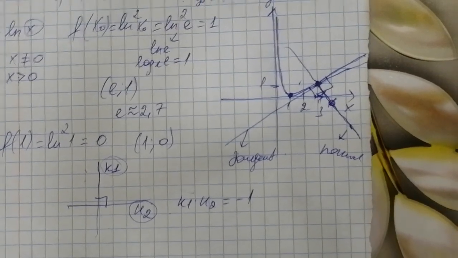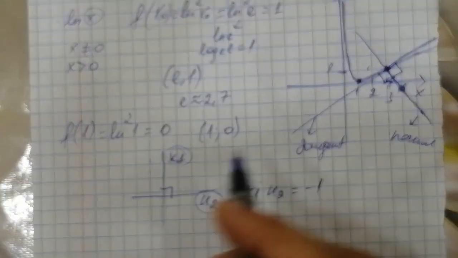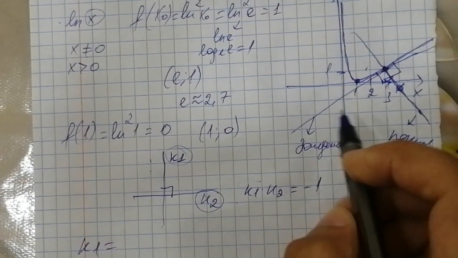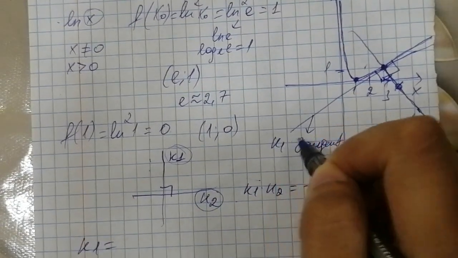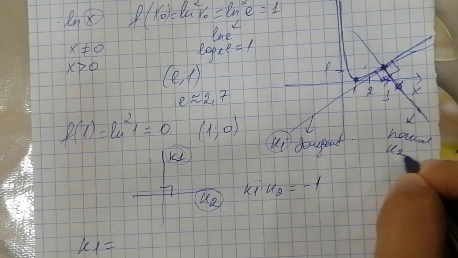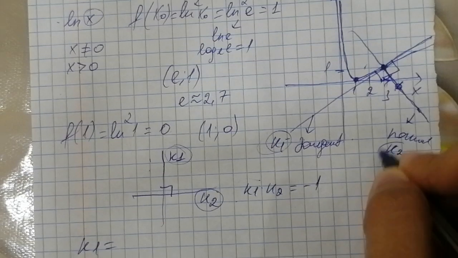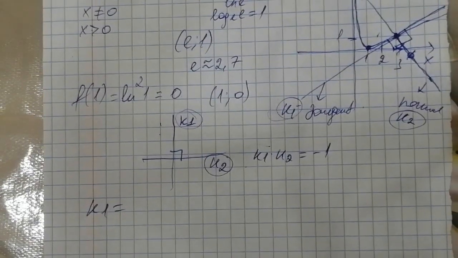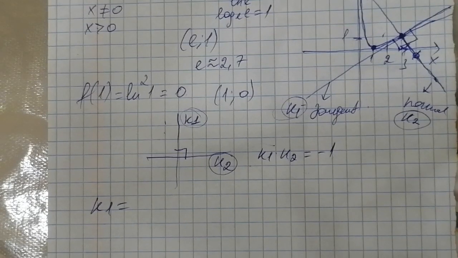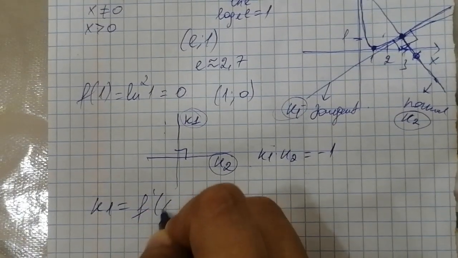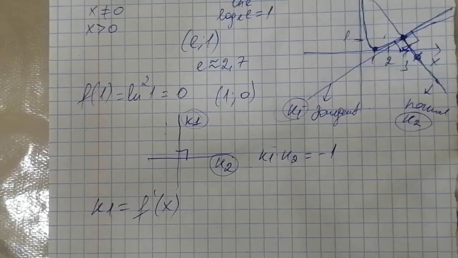Let's call the slope of the tangent line k1, and the slope of the normal line k2. We know that the slope of the tangent of the function is equal to the derivative of the function.